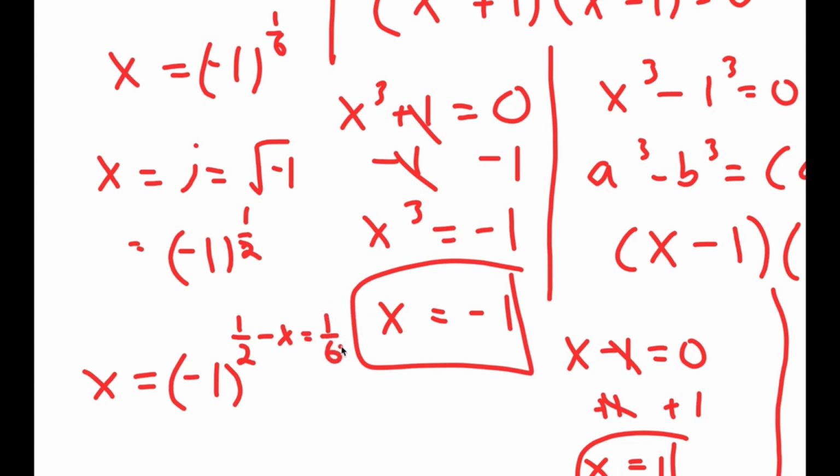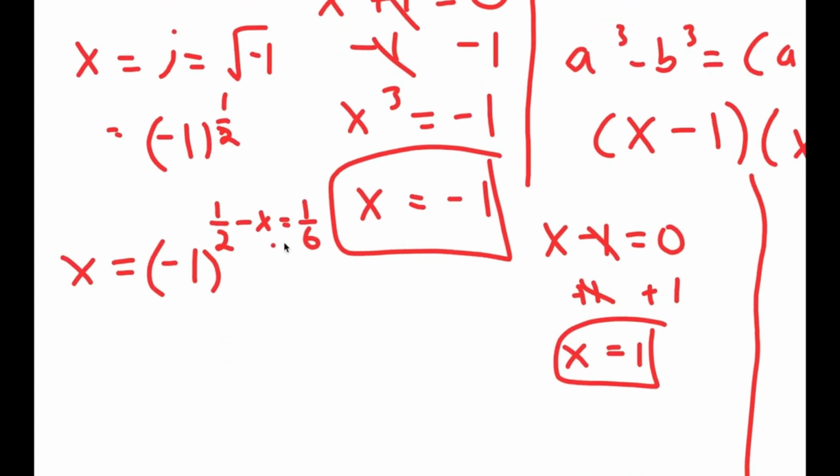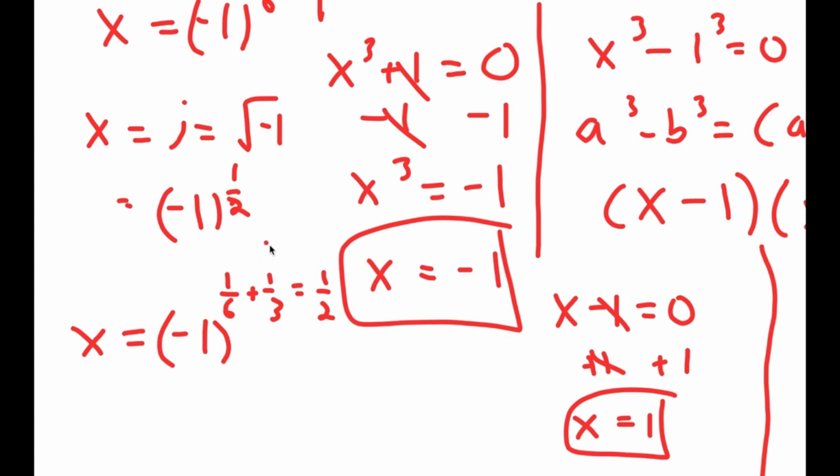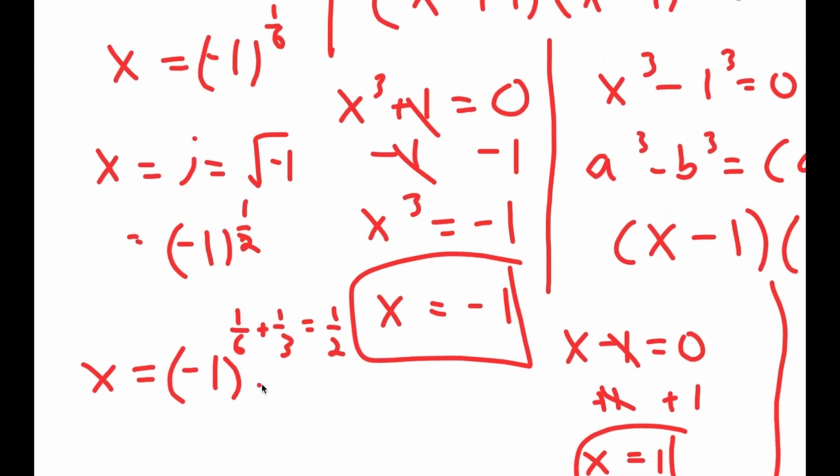So now 1/2 minus 1 over 6 is equal to 1 over 3. So 1 over 6 plus 1 over 3 is equal to 1/2. We know this. Meaning we have negative 1 to the power of 1 over 6.